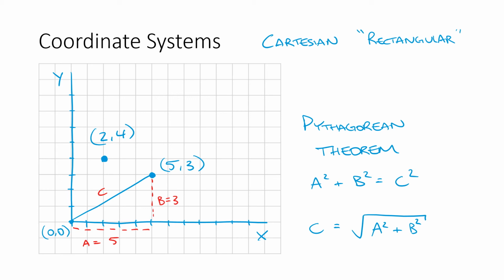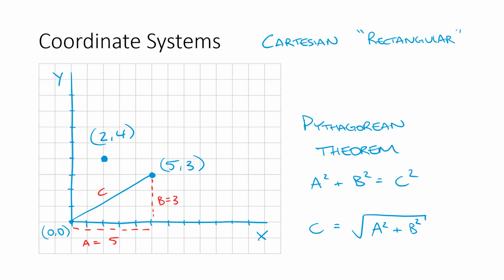Okay. I'm just going to put some random points on the graph. So let's say there's a point right here, and a point over here.